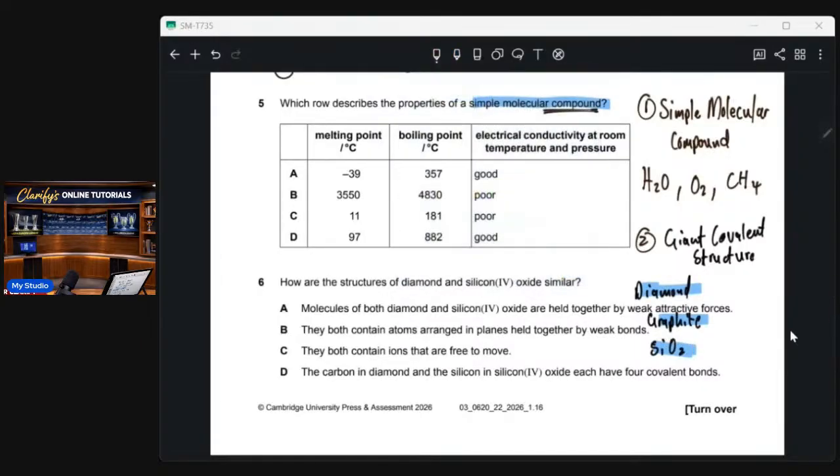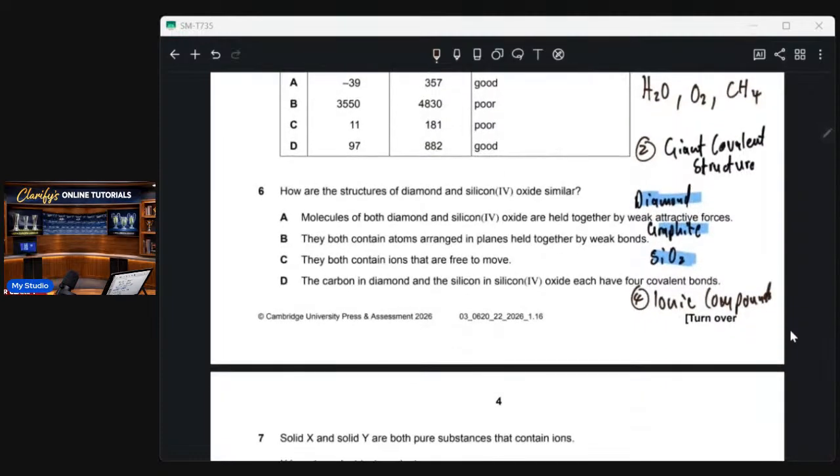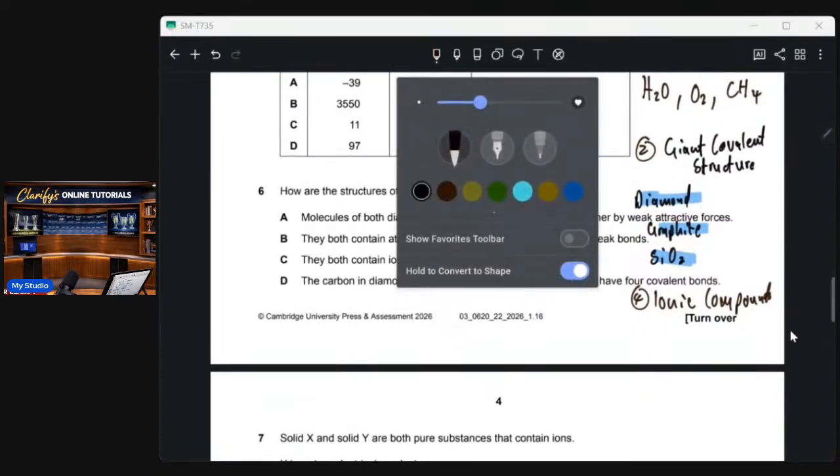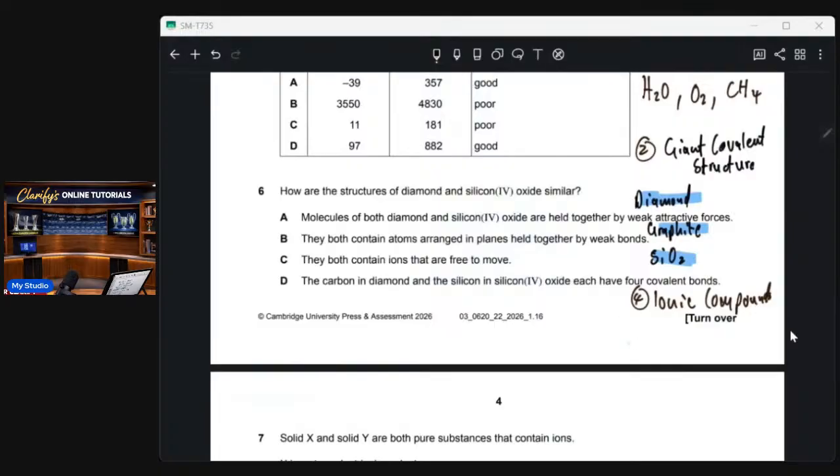Then you have ionic compounds, then metallic bonds. Ionic compounds are, for example, sodium chloride, magnesium oxide, calcium oxide, calcium chloride. Metal and non-metal. This is ionic.